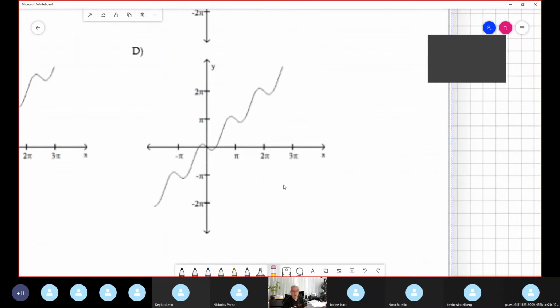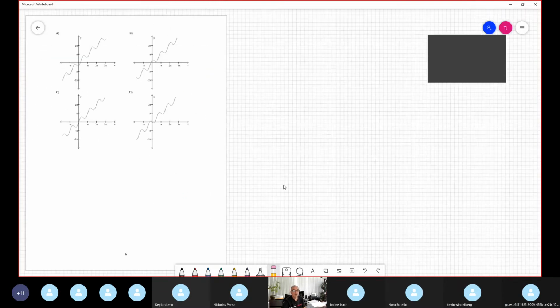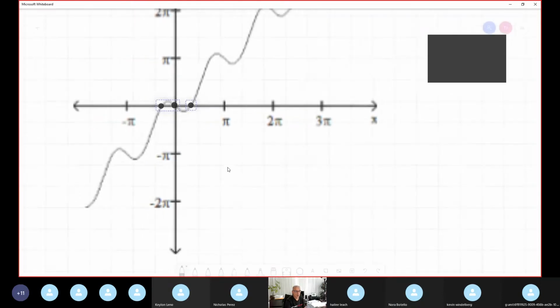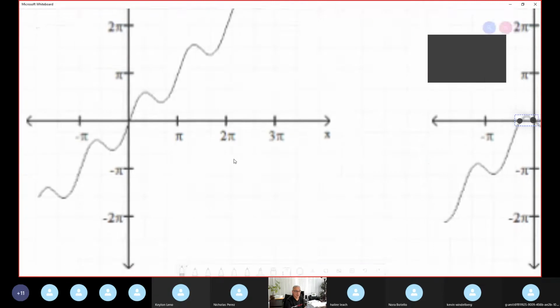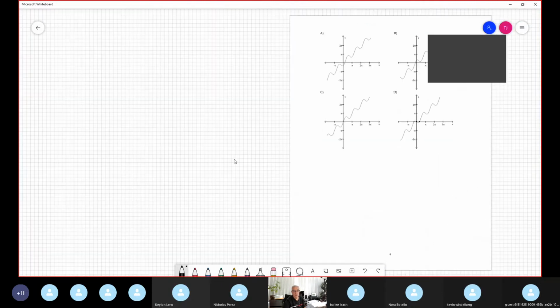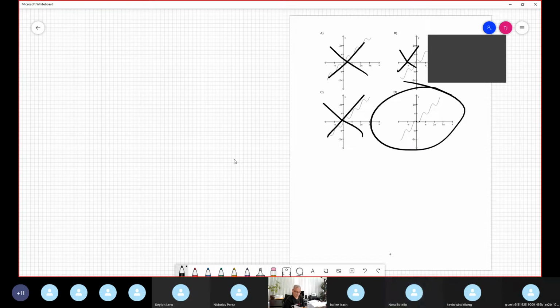We have here, look, 0,0, and it intersects here and here. And here, no. We have y intercept 0,0 origin, but no other intercept. So no C. Of course, no A and no B. So D. Makes sense? It does.